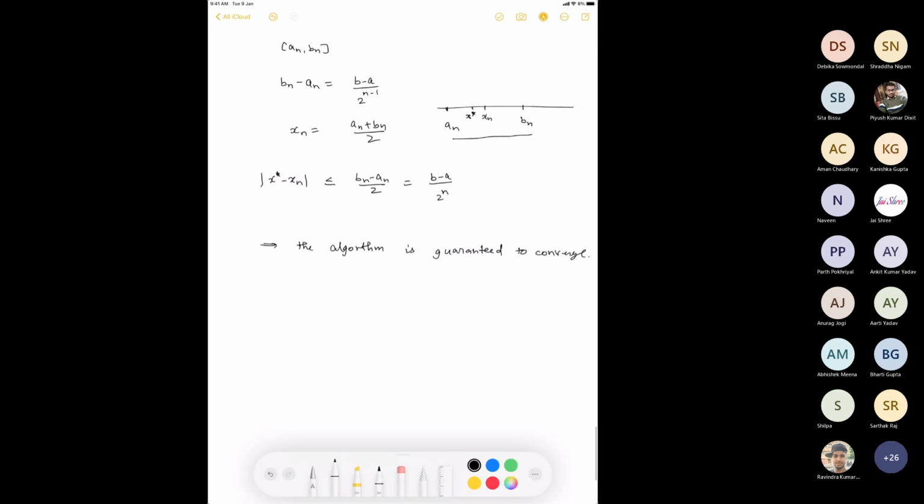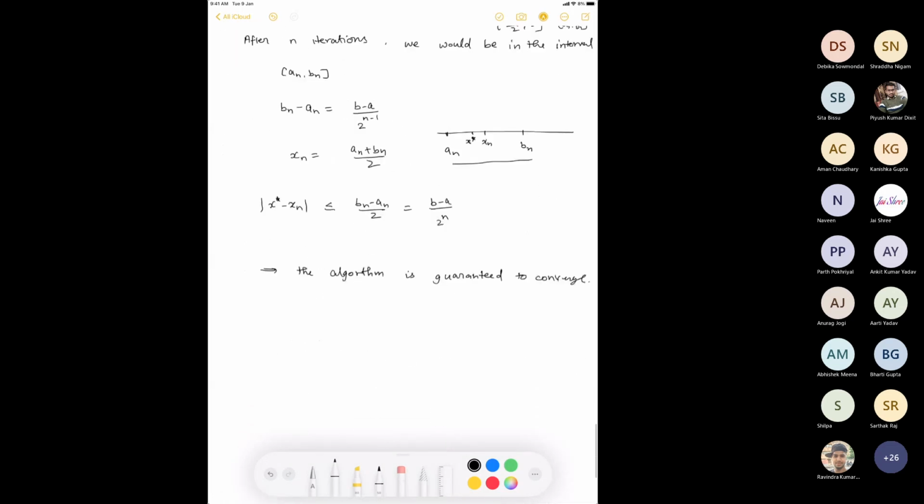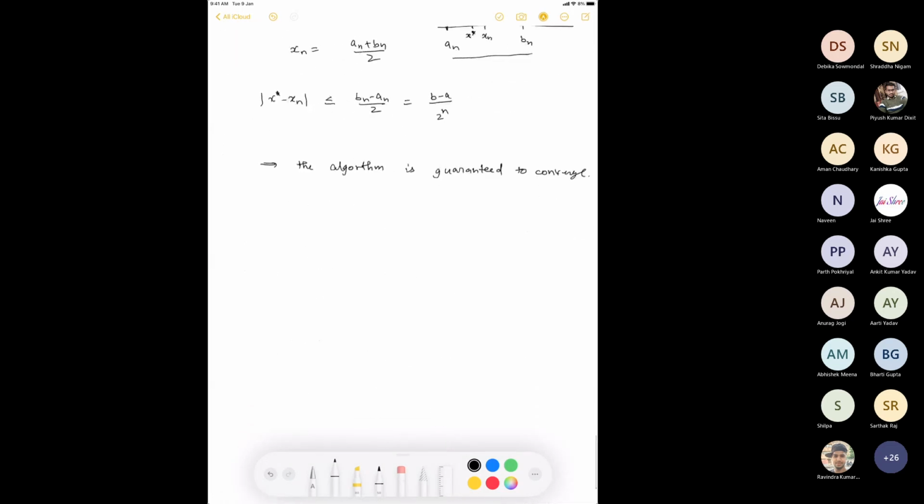Moreover, what we were talking about here is the tolerance, right? So suppose you have some given tolerance. You have epsilon, which is a given tolerance by the user. So we can determine how many iterations it will take to reach this tolerance. Okay, so let me write it in this way.